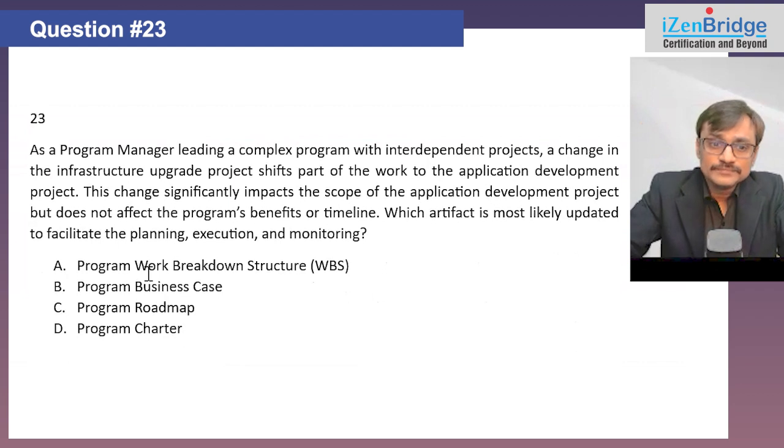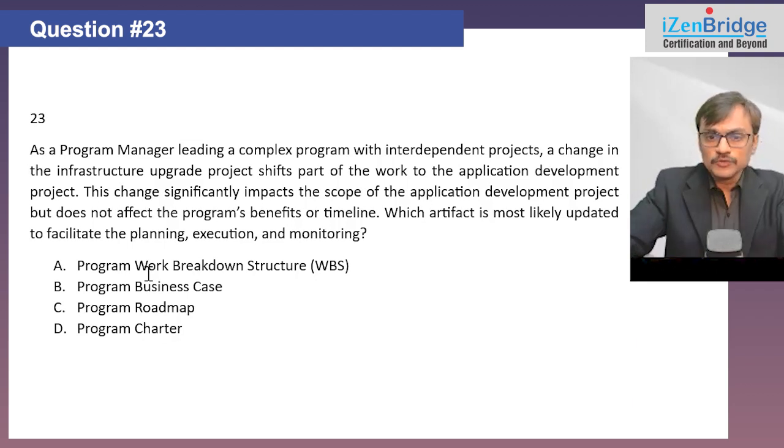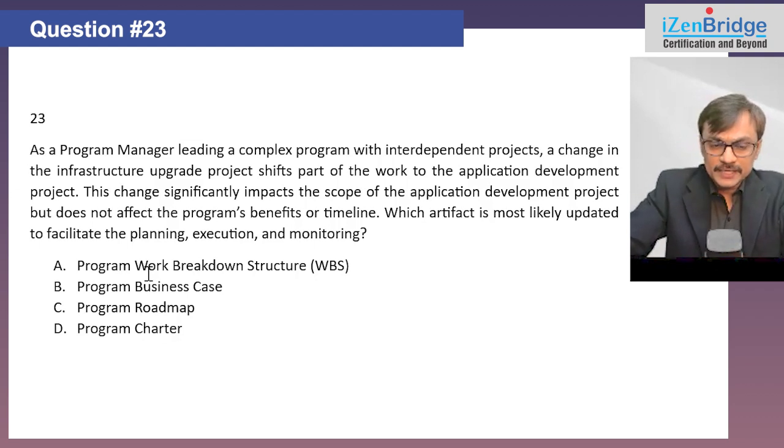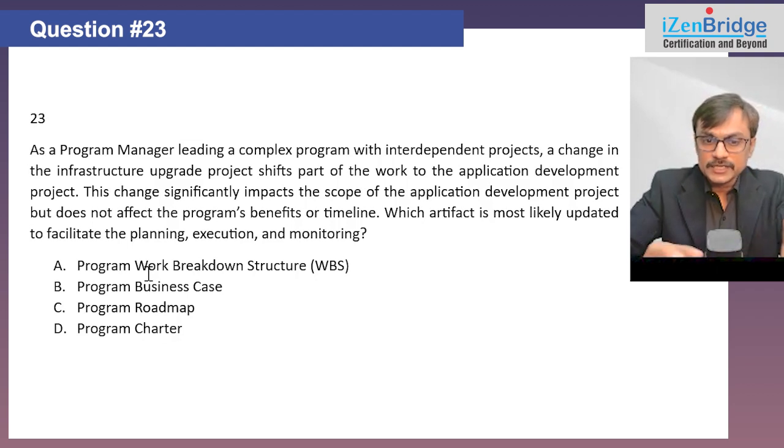Question number 23. As a program manager leading a complex program with interdependent projects, a change in the infrastructure upgrade project shifts part of the work into the application development project. This change significantly impacts the scope of the application development project, but does not affect the program benefits or timelines. Which artifact is most likely updated to facilitate the planning, execution, and monitoring?